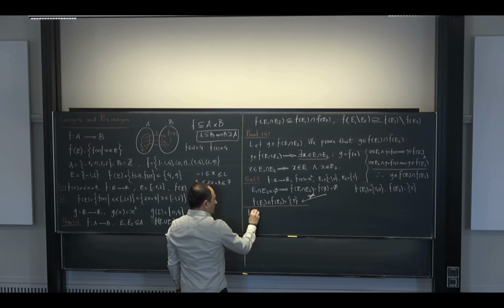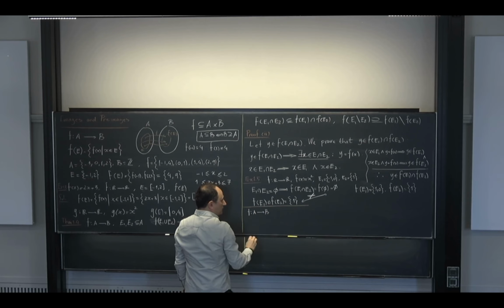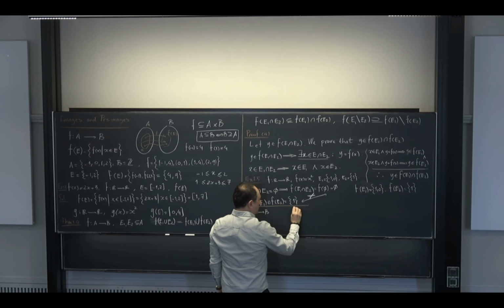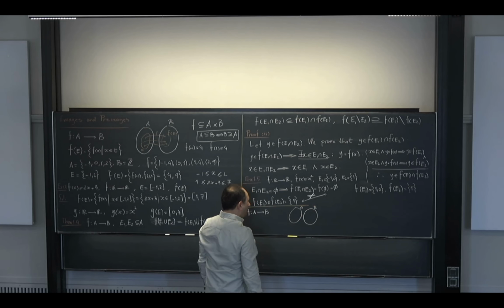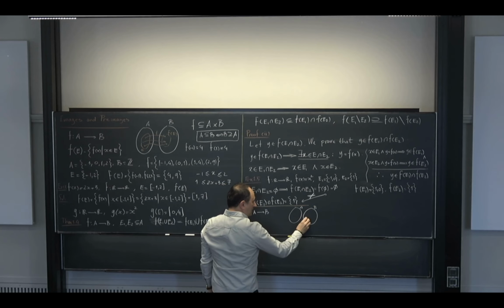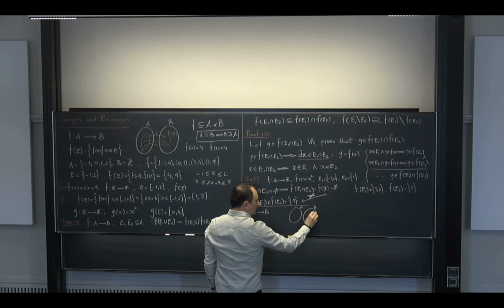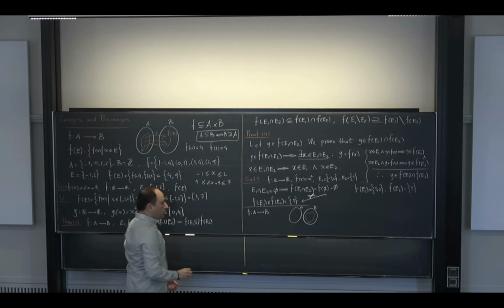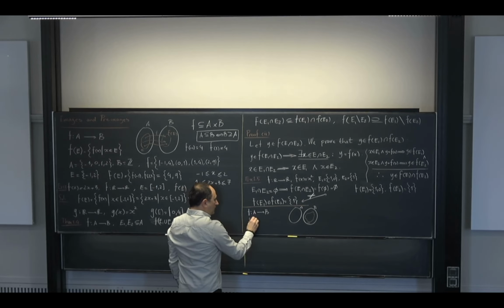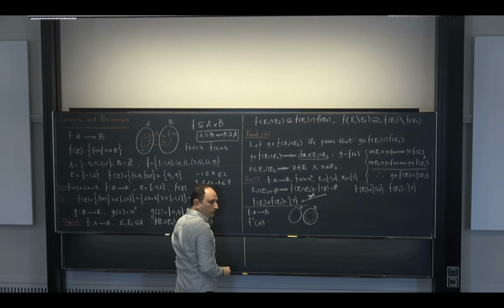If you have a function from A to B, you can visualize it like this, A and B. But this time, I give you a subset of the codomain. Let me call this one H. And then I want to talk about f inverse of H.